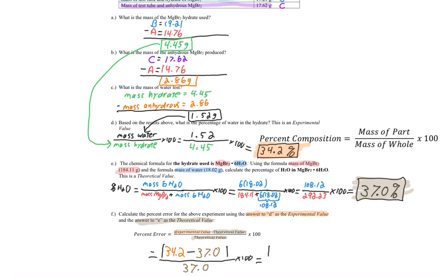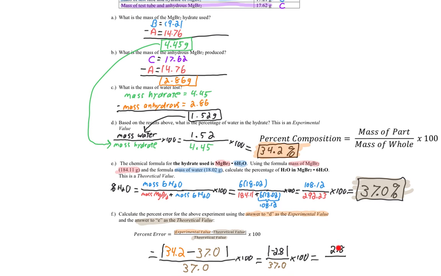When I do the subtraction, 34.2 minus 37 gives me negative 2.8, and divide that by 37. First, I take the absolute value, which gets rid of the negative sign.